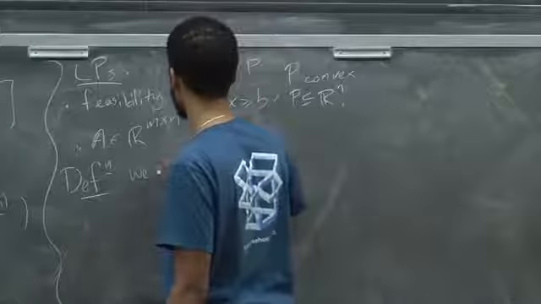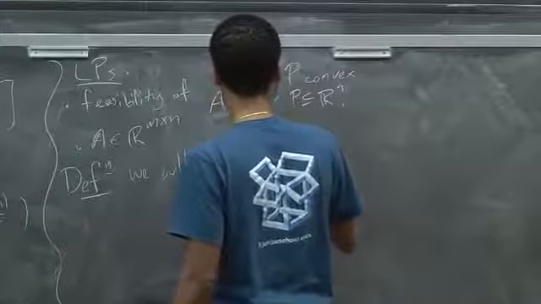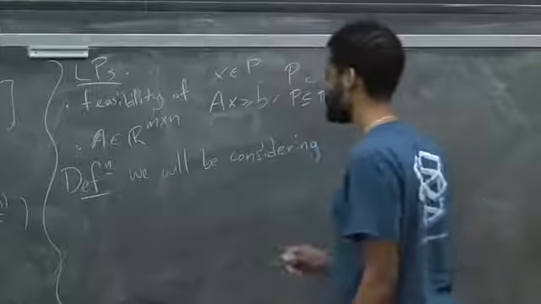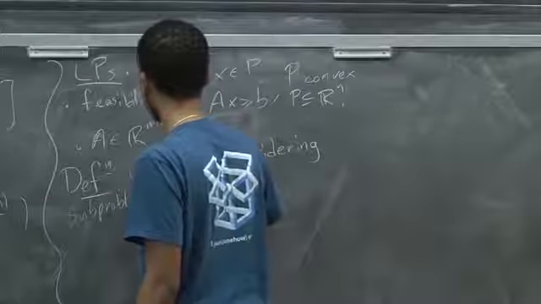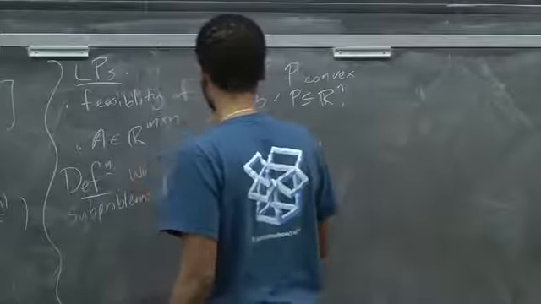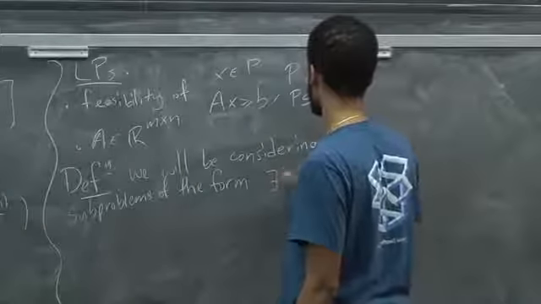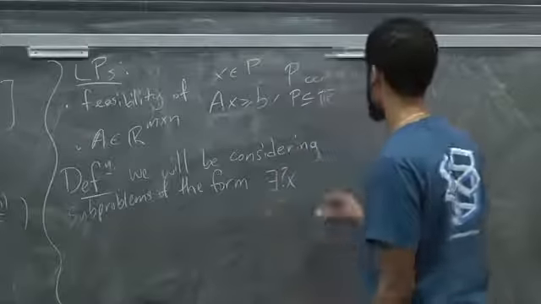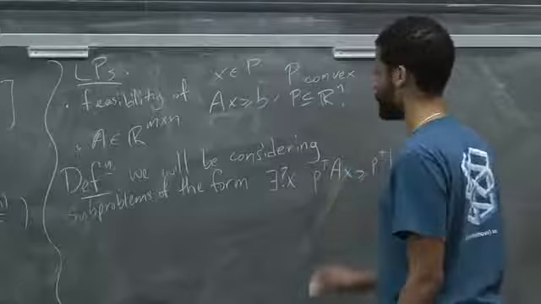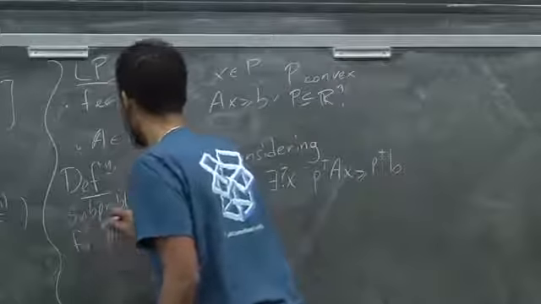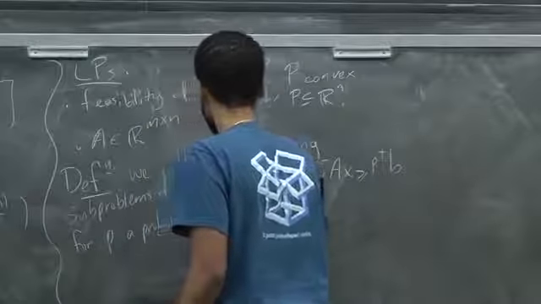We will be considering subproblems of the form: does there exist an x such that p transpose Ax is at least p transpose b, for p a probability vector? Call this problem star.